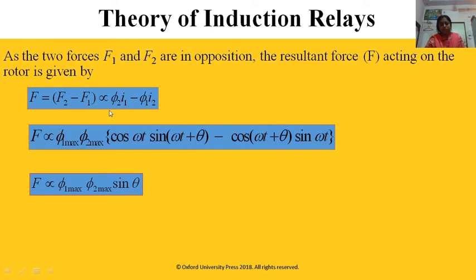Now if you solve this, finally you will get F proportional to phi 1 phi 2 sine of theta. This theta is the angle between phi 1 and phi 2. If this angle between these two fluxes is 90 degrees, then definitely this force is maximum. If it is 0, then no torque is produced.